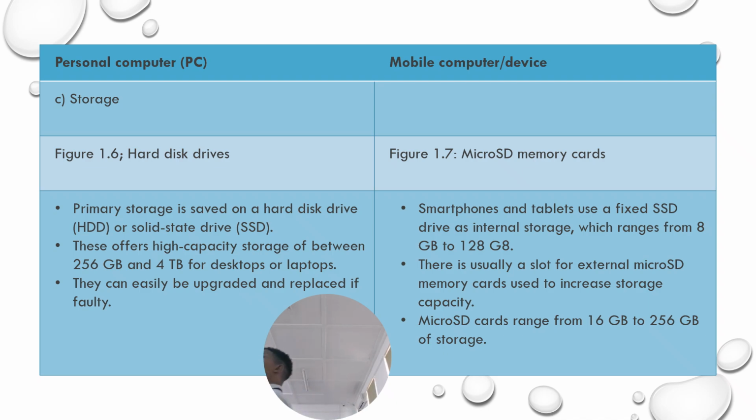For desktops or laptops, they can easily be upgraded and replaced if faulty. Your mobile device may have external storage, which is an SD card. Smartphones basically use a fixed SSD drive internally, which ranges from 8 gig to 256 gig now.